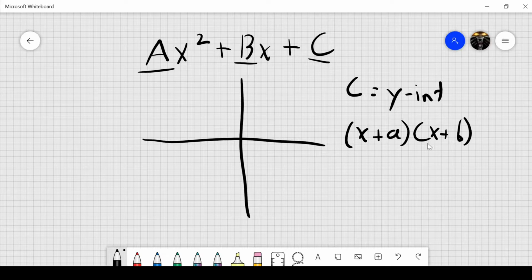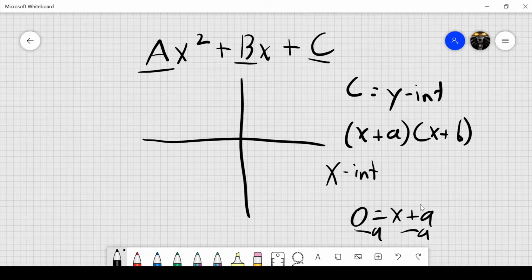The A and B here are lowercase so that I can talk about the different factors. When we talk about factors, we're talking about the x-intercepts. For our factors, we just set each one equal to 0 and solve like a one-step equation.